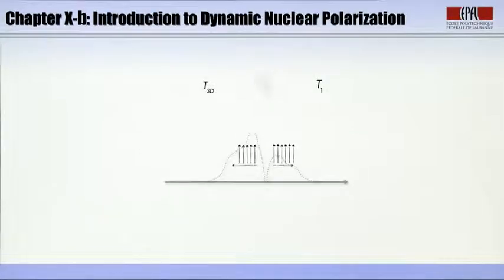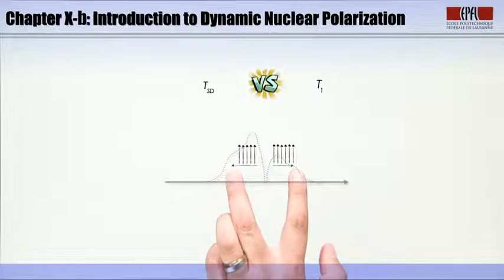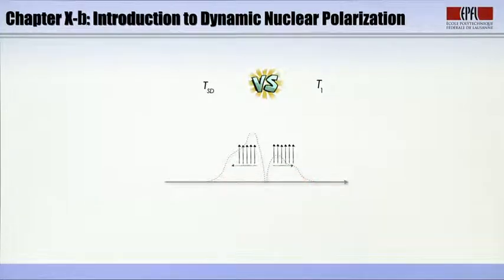So the saturation of the ESR line, which is a crucial step in DNP, is a competition between saturation, spectral spin diffusion that propagates the perturbation across the line, and T1 relaxation that tends to bring back the distribution of population towards the Boltzmann distribution.